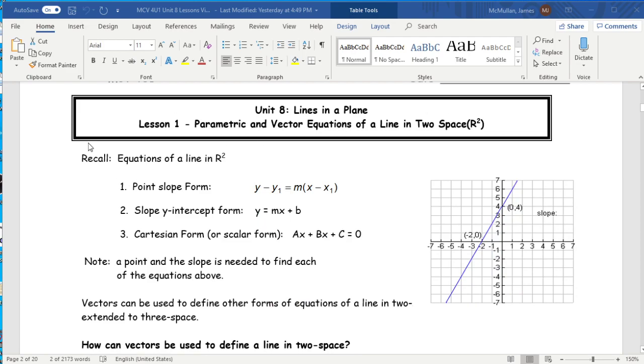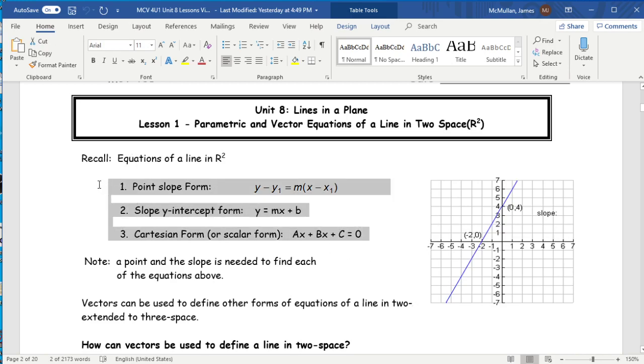So let's consider parametric and vector equations of a line in 2 space. Again, you already have a couple of ways of making a line in 2 space. This is not because I'm going to ask you a lot of 2 space questions. It's just because when you know this, you'll be able to adapt to 3D more easily. So there's a couple of ways you can write a line in 2D.